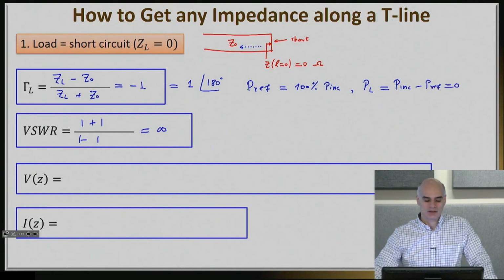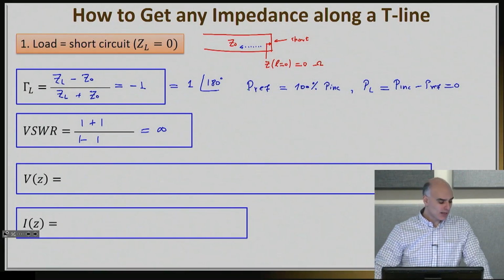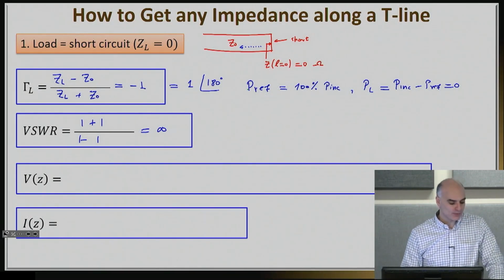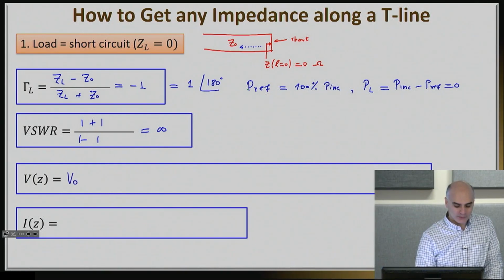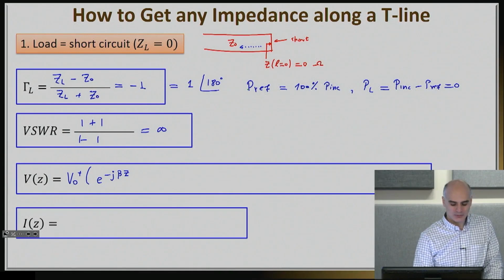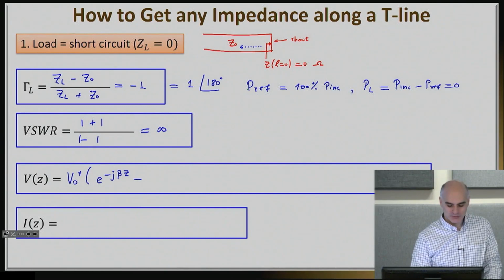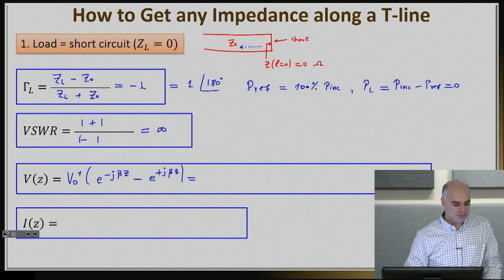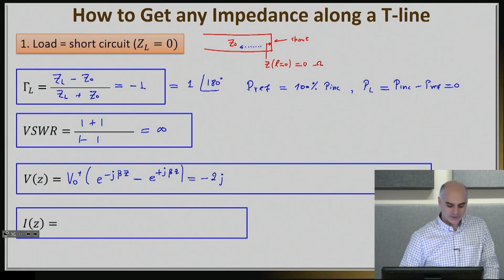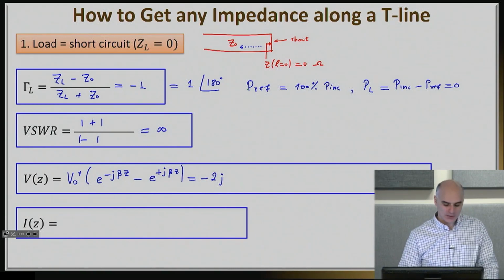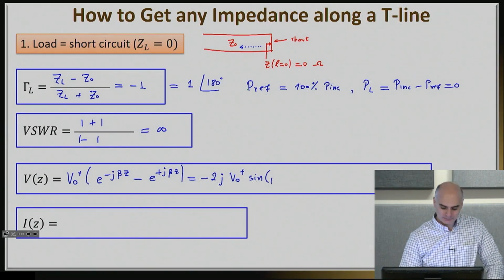Now, if I write down the expression for V of z, this will be V0 plus e to the negative j beta z for the incident wave. Now, my gamma L is -1, so this will be negative e to the plus j beta z, which means that this will be equal to -2j V0 plus sine of beta z, if I do the exponential calculation.